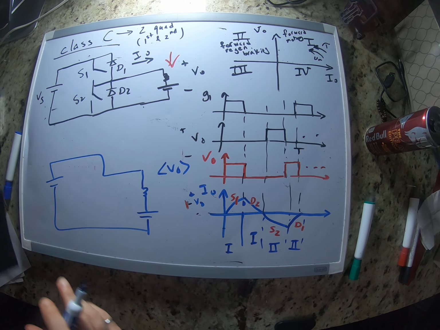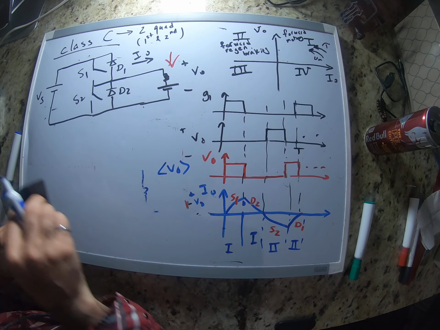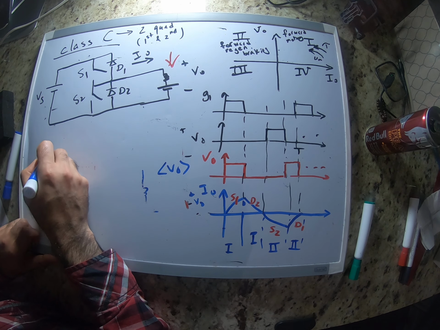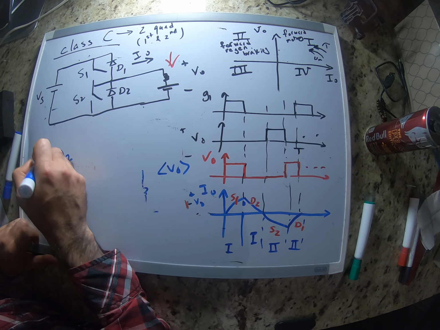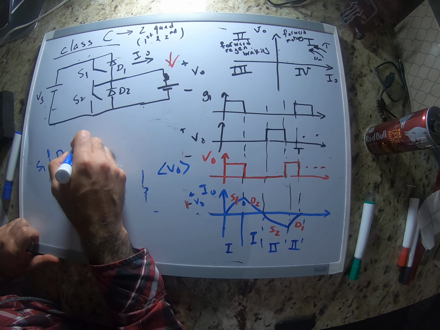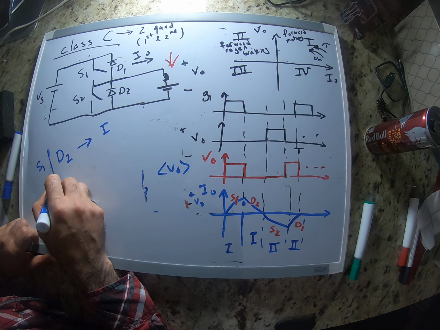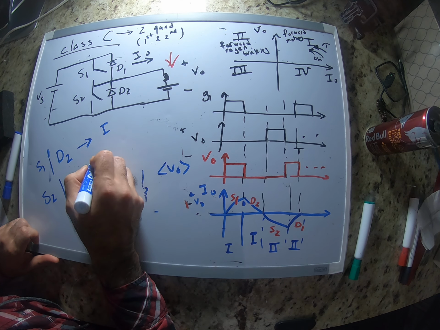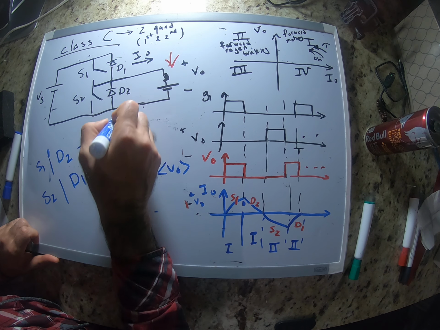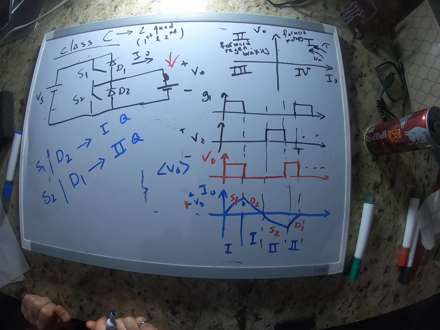So you see that if switch 1 or diode 2 are conducting, it means that we are in the first quadrant. If switch 2 or diode 1 are conducting, we are in the second quadrant. Okay.